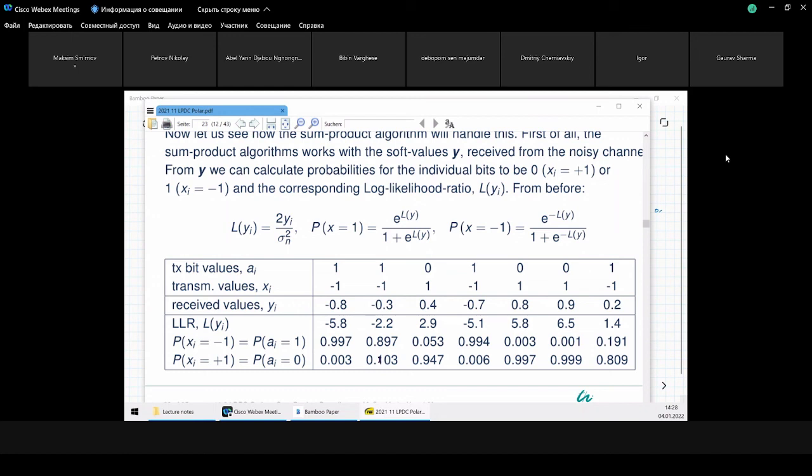And basically, this here is also a good page to motivate the usage of this LLR. If you look at the range of values here, these LLRs are fairly nice values, like between 0 and 10 or -10 and +10, whereas here you already start to get difficulties with the number range.